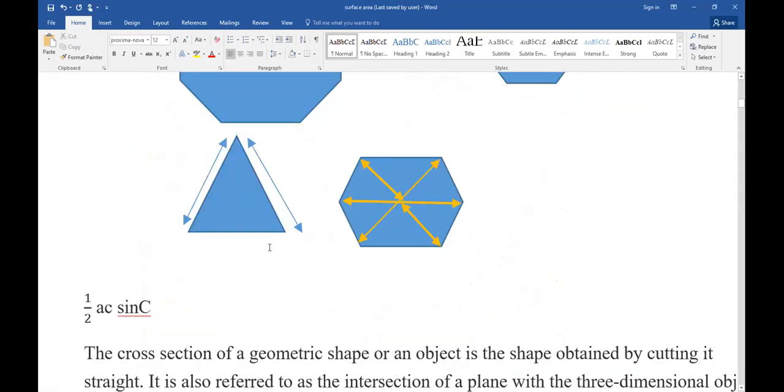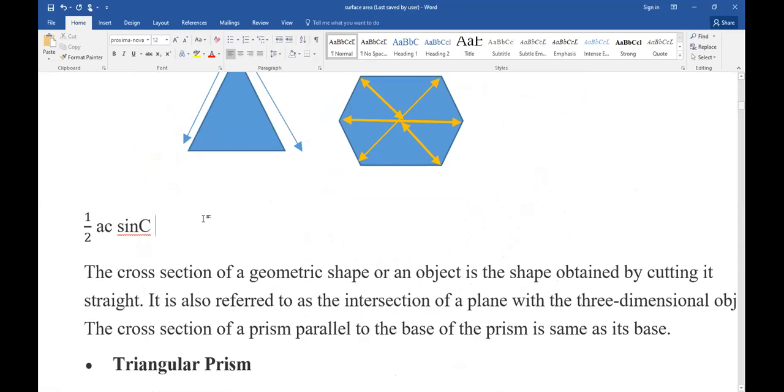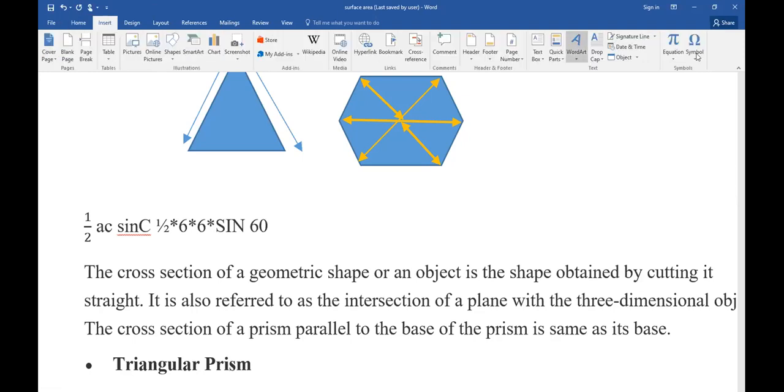So we can say it is a half times a is 6 and b is also 6 centimeters, times the sine of 60 degrees.